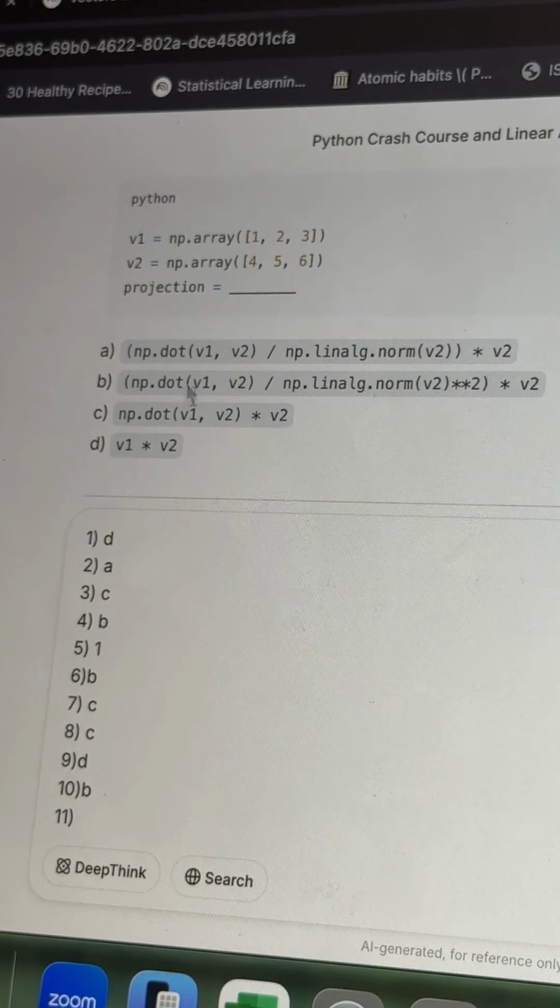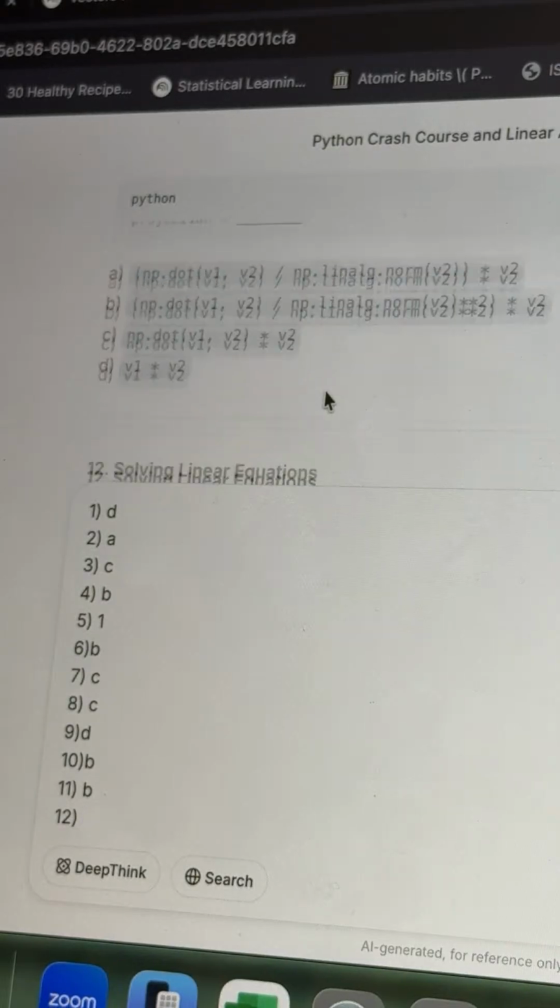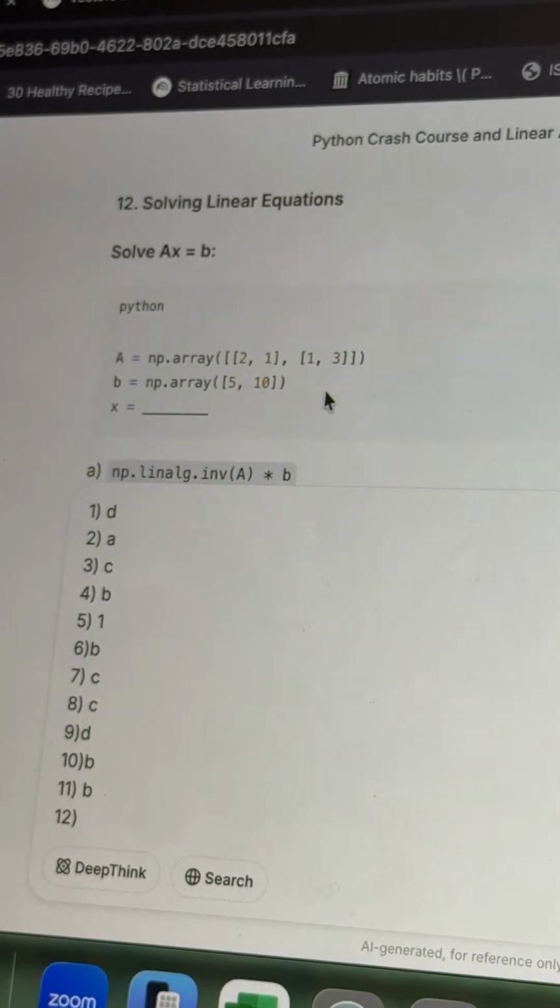So it could be this or this, but once you have this denominator, you also have to raise it to the power of 2, which was something that I had forgotten the last time I was trying to calculate the projection of something. So it has to be B.